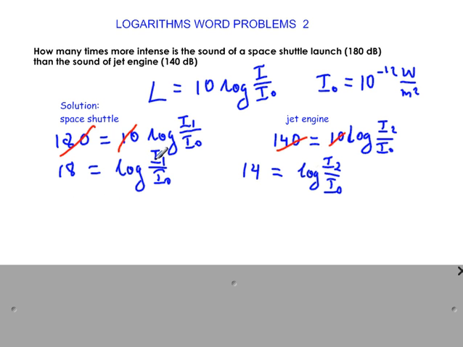So to solve for I1, as you remember from the previous page, you have to convert logarithms into exponents. So base 10, so 10 to the exponent 18 is I1 over I0. Similarly here, 10 to the exponent 14. Just note that base 10 is not shown, it is understood that the logarithm base is 10. So 10 to the 14 is equal to I2 over I0.